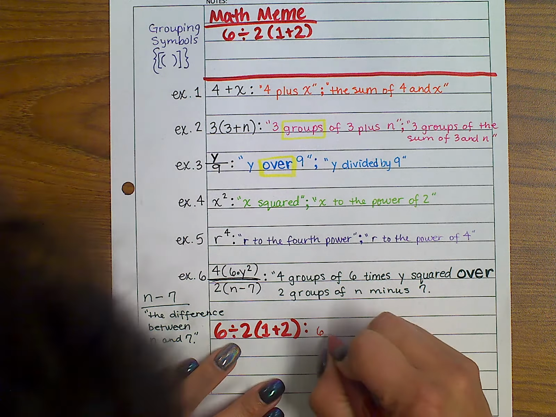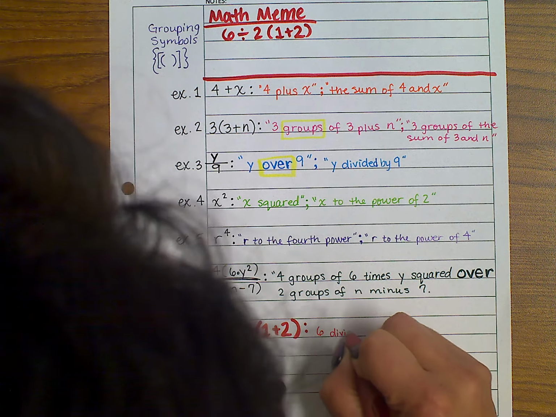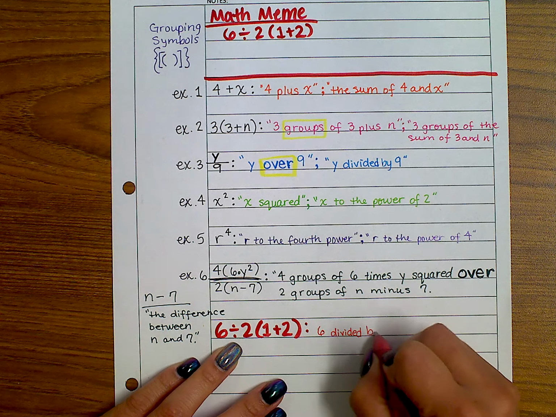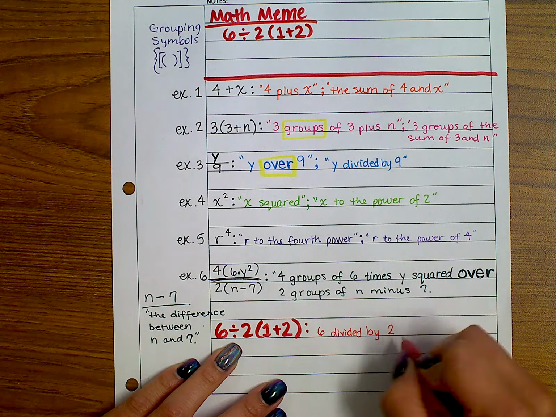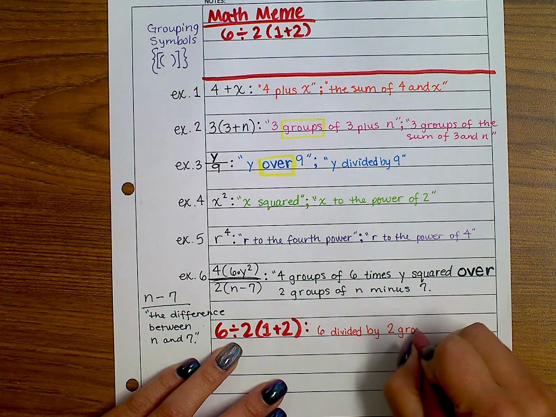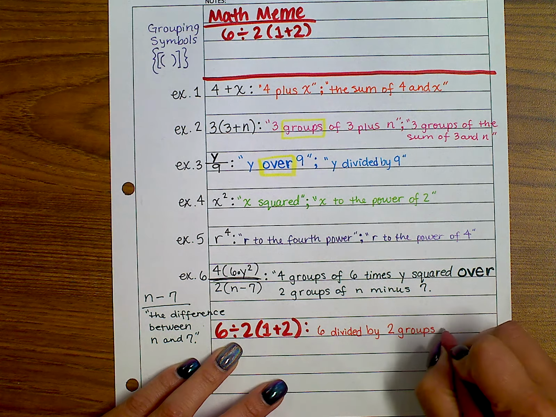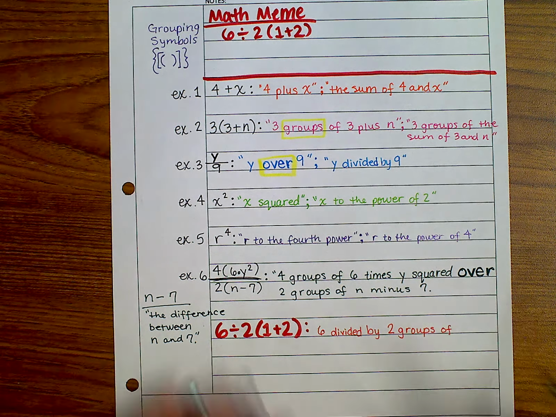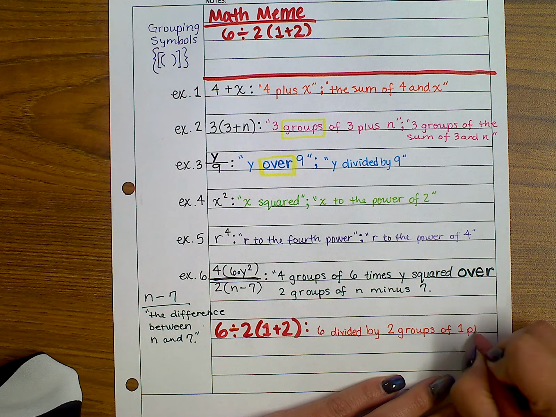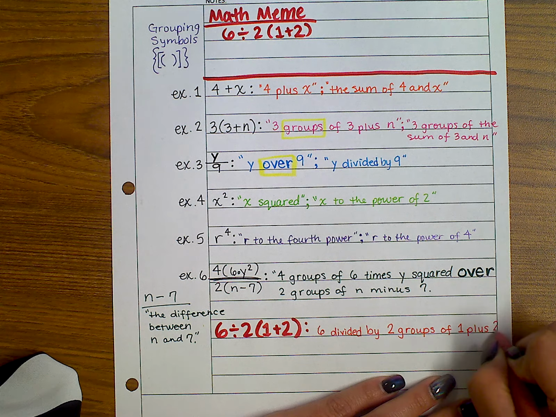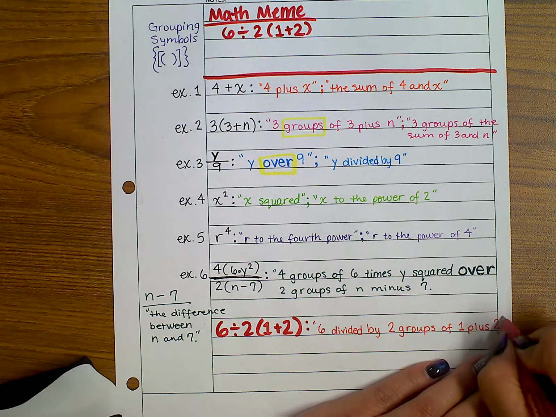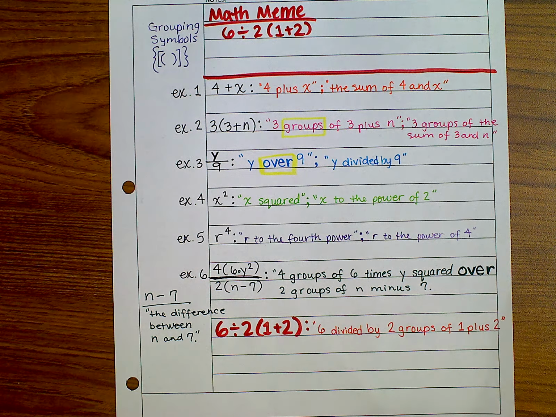So I would simply say 6 divided by 2 groups of, and I'll just keep it simple, 1 plus 2. All right. Or you could have said 2 groups of the sum of 1 and 2.